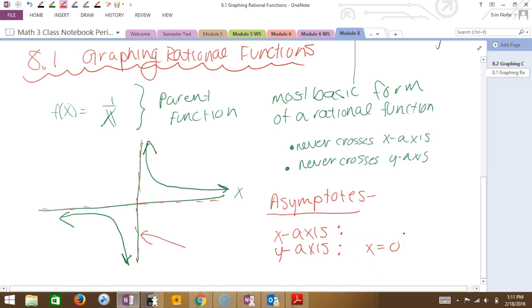It's the line x equals 0. And I bet you can guess what the x-axis is. y equals 0. So these rational functions are going to have an asymptote on the x-axis and an asymptote on the y-axis.